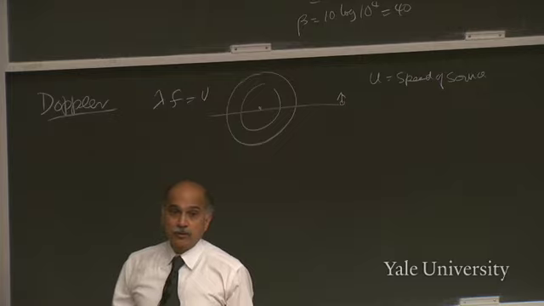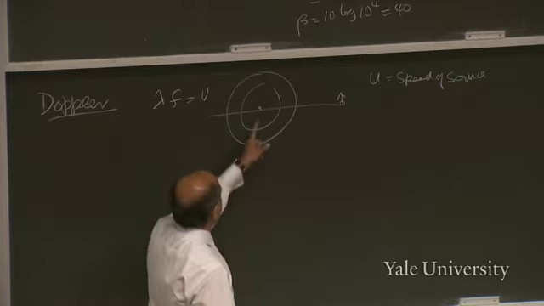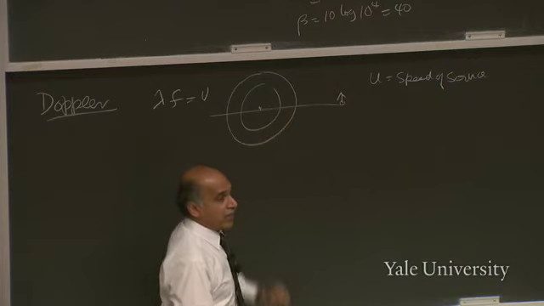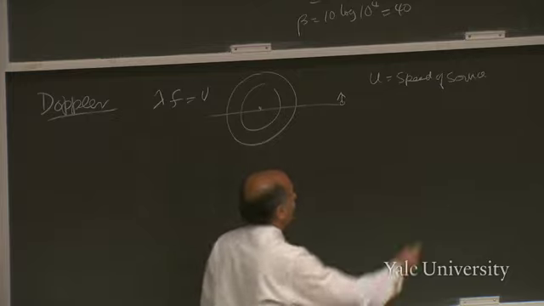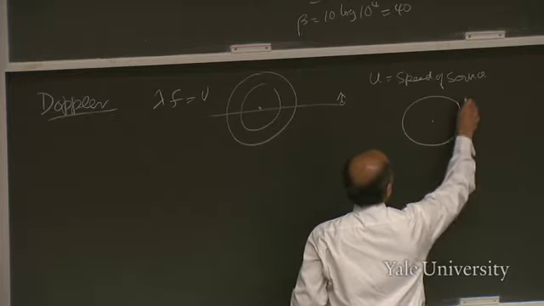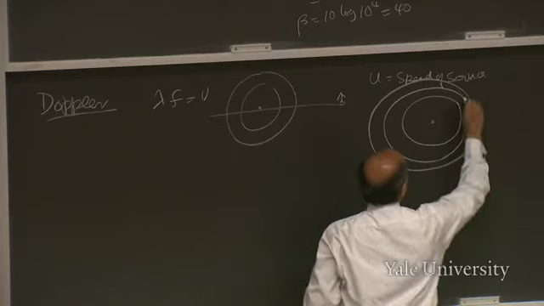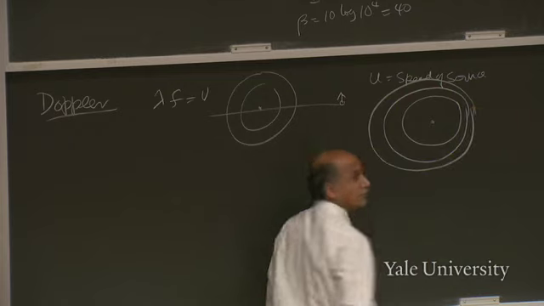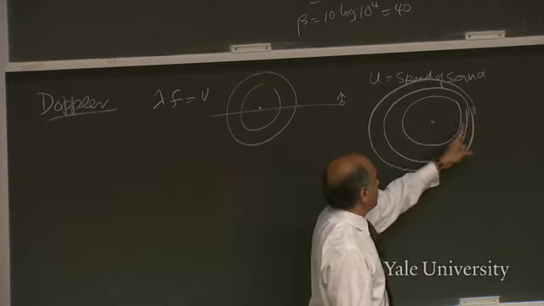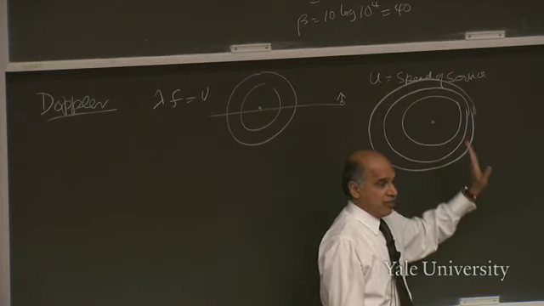So what does the pattern look like? It's not too hard to visualize that having emitted one crest, it's moved to the right before it emits a second crest. So the pattern will get crunched in the forward direction like this. So the waves will get squashed because the spacing would have been lambda, but now it's less than lambda because it's moved to the right to emit the second crest.